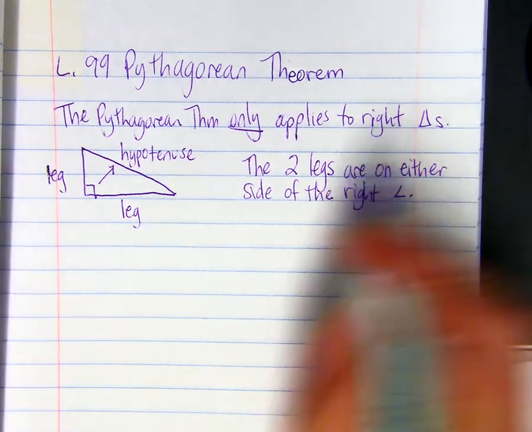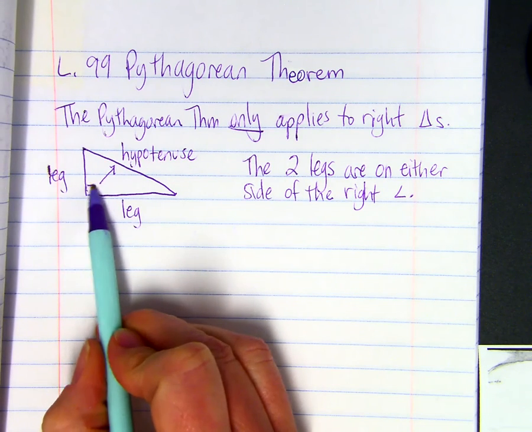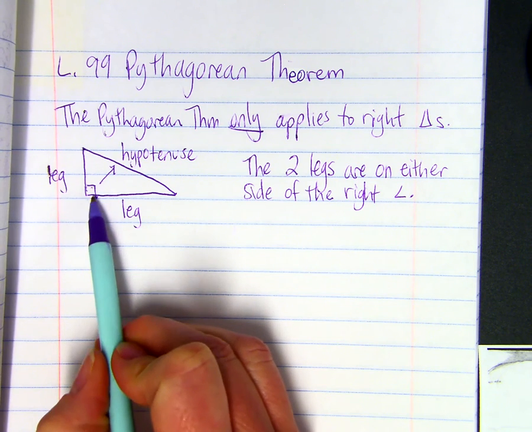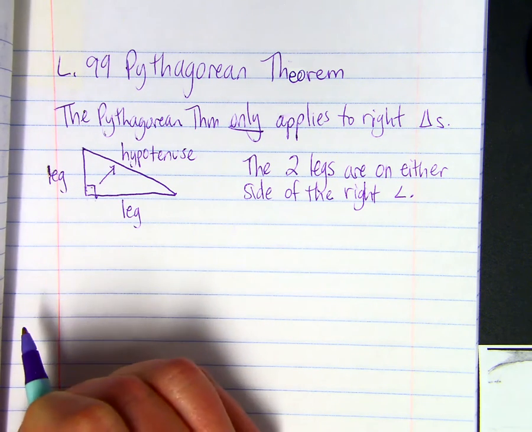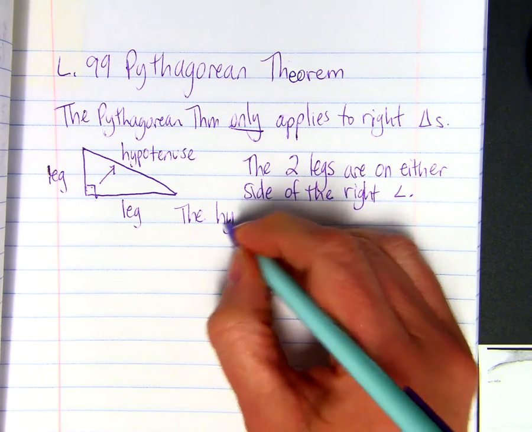The two legs are on either side of the right angle. Again, they're the perpendicular sides, but if you look at the right angle, see where the square is, the square itself touches those two sides, okay? And those are called the legs. And the hypotenuse is across from the right angle.